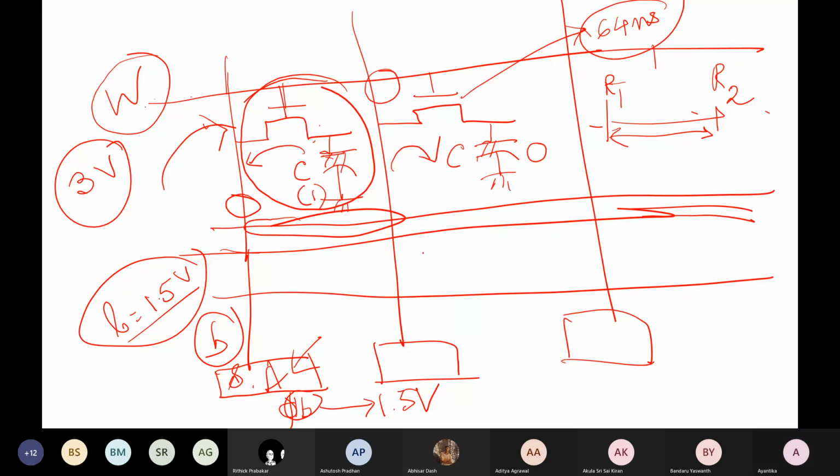So when you are accessing only this row, you are doing nothing with this row, but if there is a huge toggle in this word line or this word line, then there is some effect, some charging and discharging going on through the cells attached to the in-between word line.